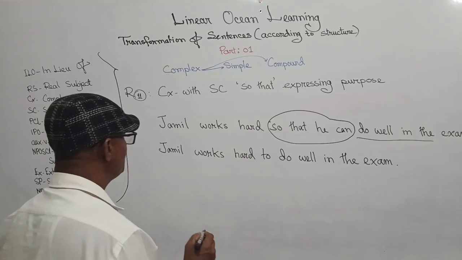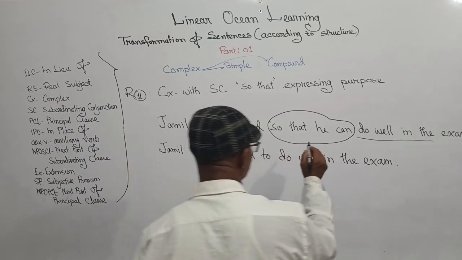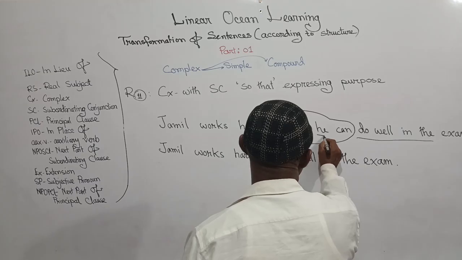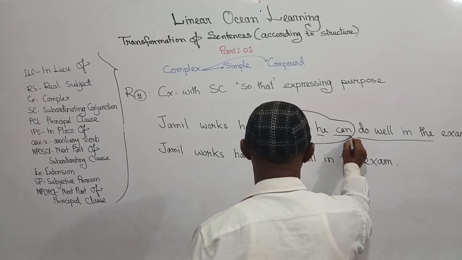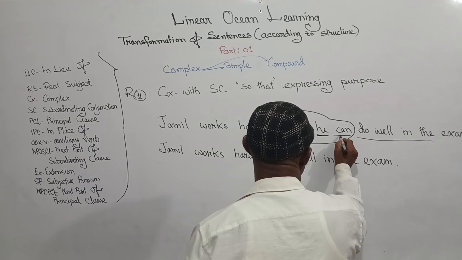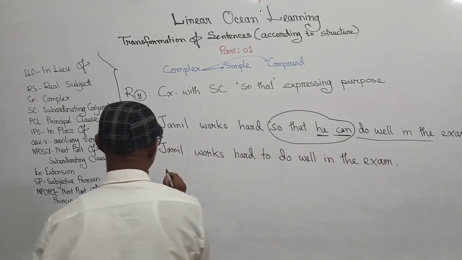Now, if we want to make it compound, we have to write Jamil wants to do well in the exam.